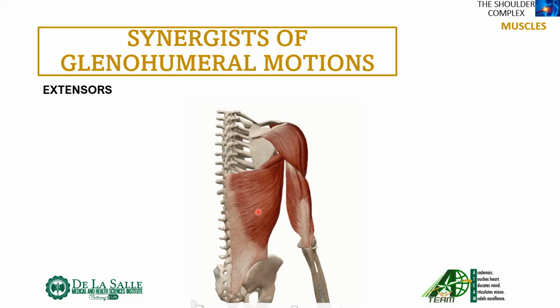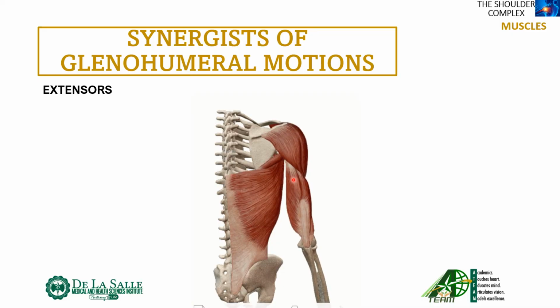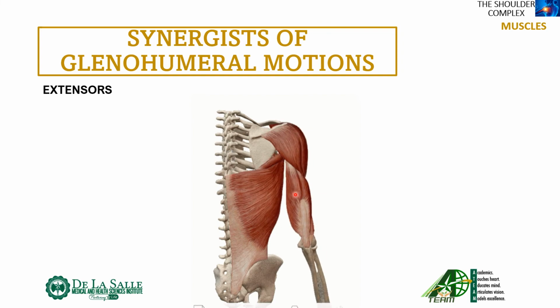For the extensors, we have your latissimus dorsi, your posterior deltoid, your teres major, and your triceps brachii, specifically the long head, because the long head of the triceps is the only head that crosses the shoulder joint. The other two do not cross the shoulder joint, therefore they have no action on it.